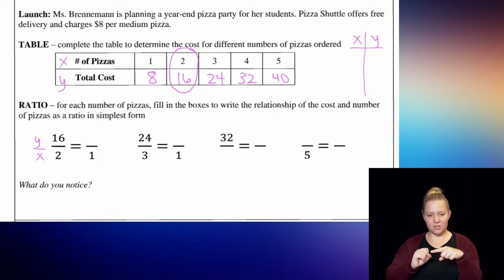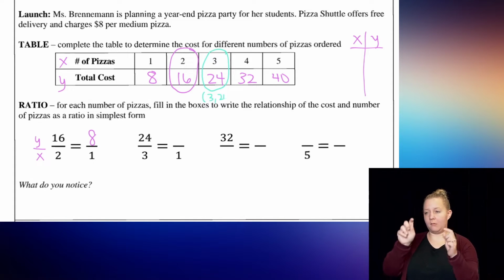So essentially what we're doing here is taking the Y value divided by the X value. When I take 16 divided by 2, I get 8 over 1, or just 8. For the next value, if I were plotting it, this is like 3 comma 24. But for ratios, we're taking the Y, which is 24, divided by the X, which is 3. When I divide those out, I still have 8.